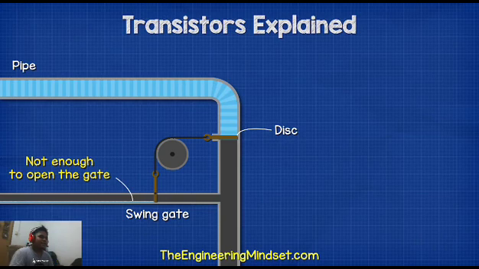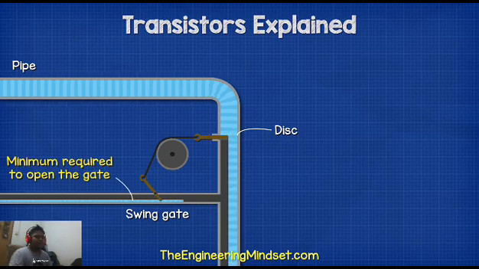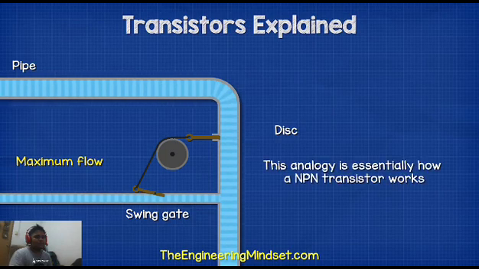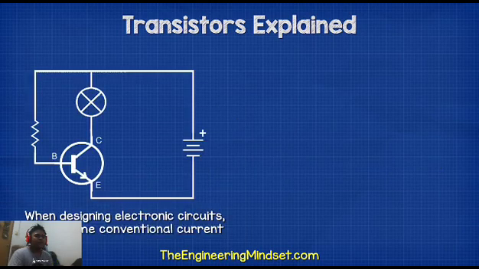So the transistor acts as a gate. With too little current, the gate does not open, and we add the minimum required to open the swing gate. At maximum flow, the more current can flow through the pipe. This analogy is how the NPN transistor works.